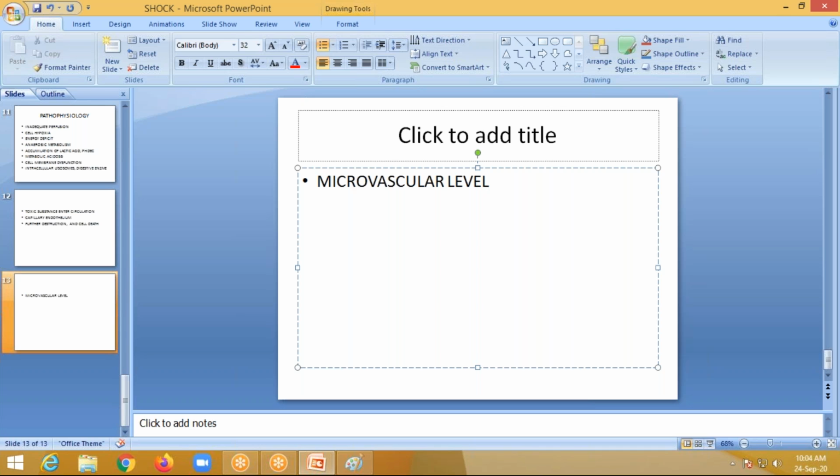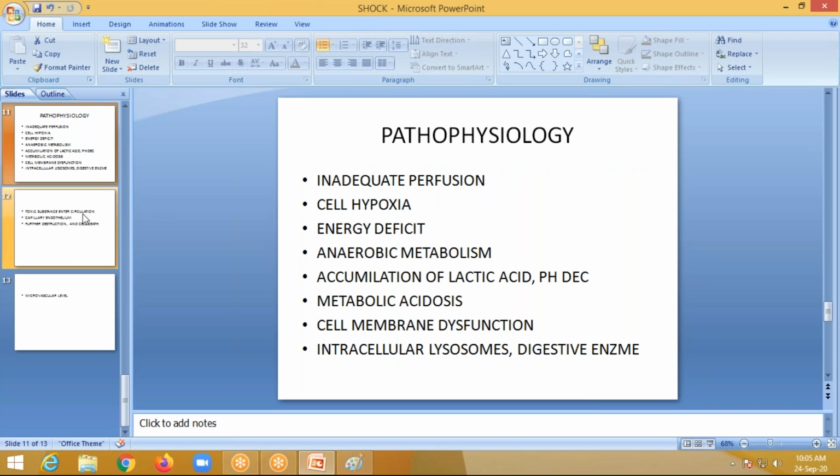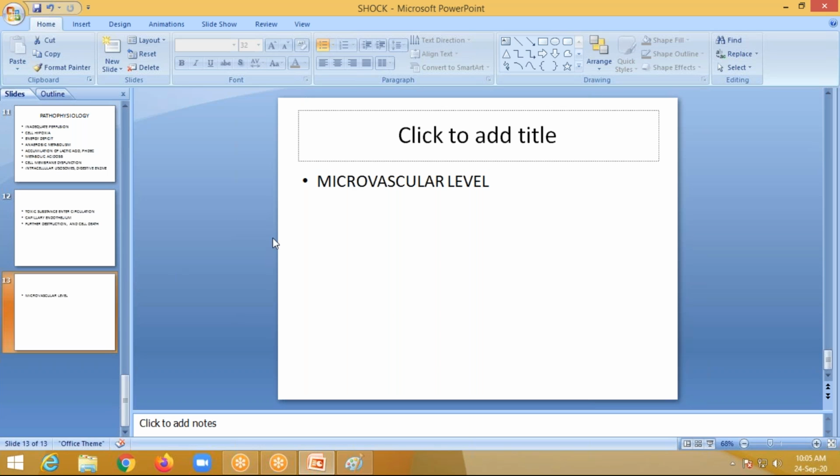These are some difficult topics. You have to know the meaning of these things. What mechanisms occur at the microvascular level? As I already told, because of the release of lysosomes and all, cells die, and these dead cells lead to activation of immune system. It is like China attacking India in the Ladakh area.